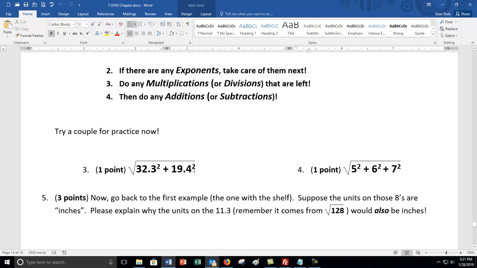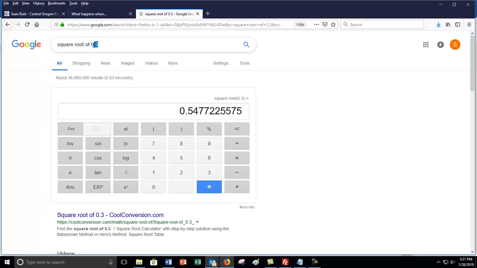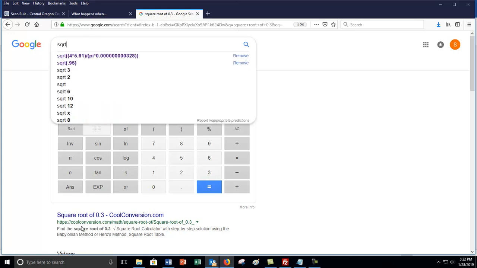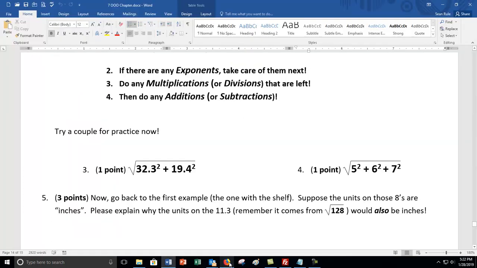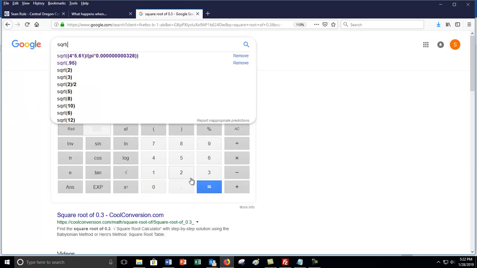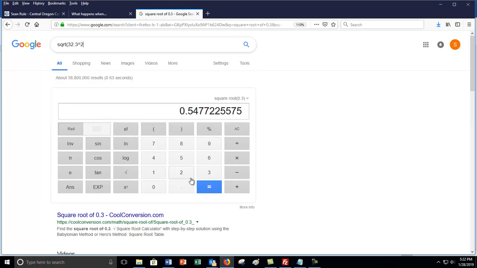And then here I just wanted you to put these into Google. So you got 32.3 and 19.4. So that's a square root of, you know what, I'm going to teach you something new here. SQRT is the square root function. Then what we can do is type 32.3 squared plus 19.4 squared.